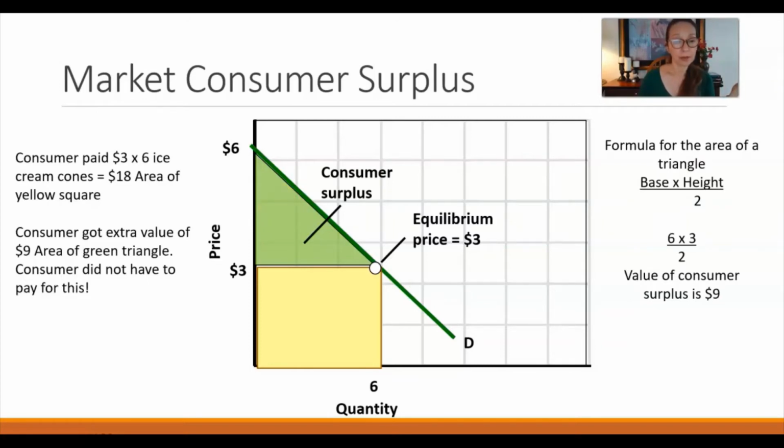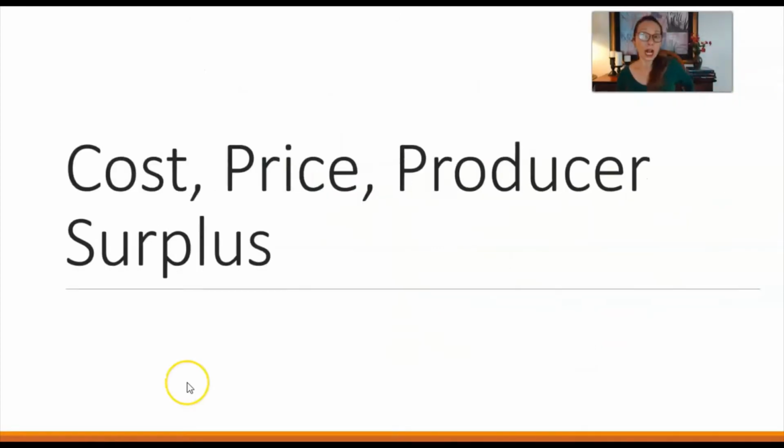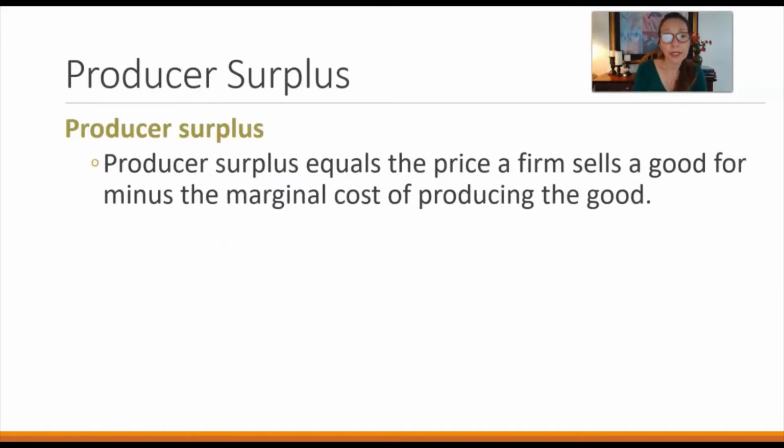So you might ask, well, what about the producer? Producer surplus. As we talked about in our last section, we discussed marginal cost and how the supply curve is the marginal cost curve for the firm. Producer surplus equals the price that a firm sells a product for minus the marginal cost of producing that good.